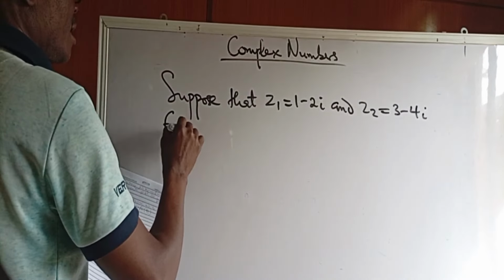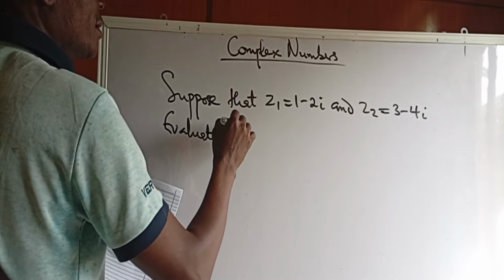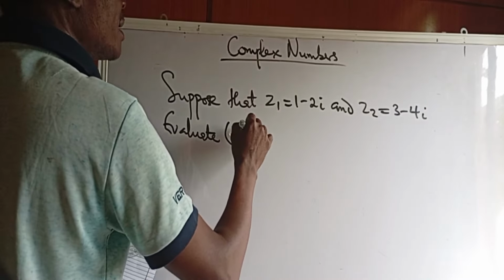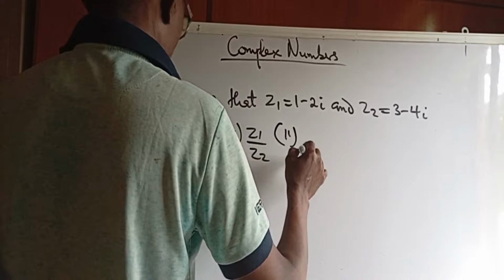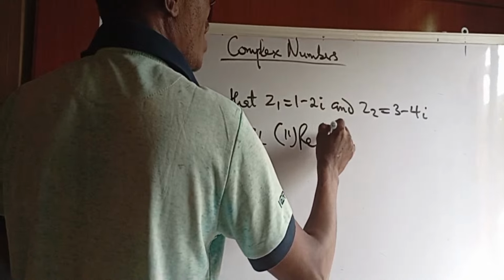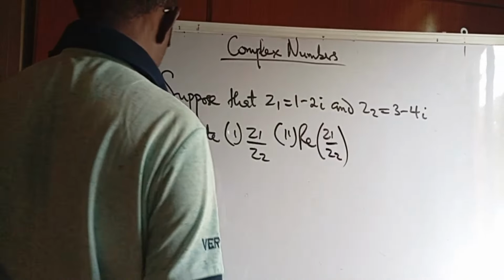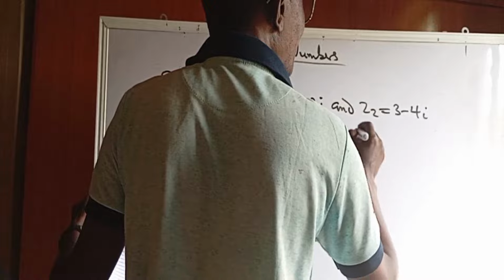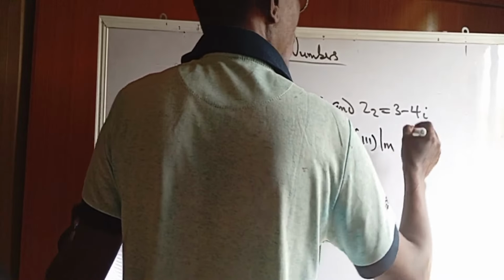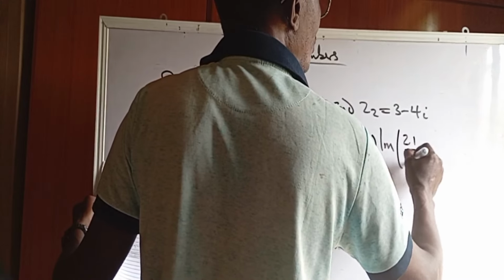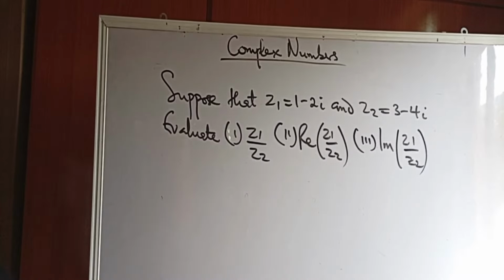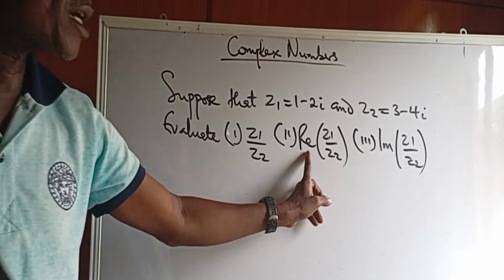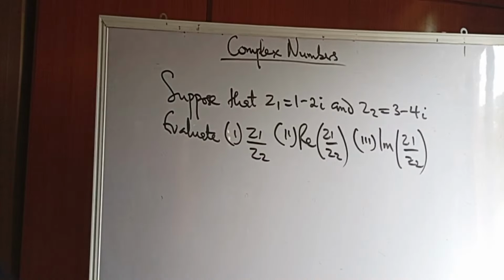Evaluate: 1, Z1 over Z2. 2, the real part of Z1 over Z2. 3, the imaginary part, Im, of Z1 over Z2. I hope you already understand the shortened form: Re means the real part of a complex number, while Im means the imaginary part of the complex number.